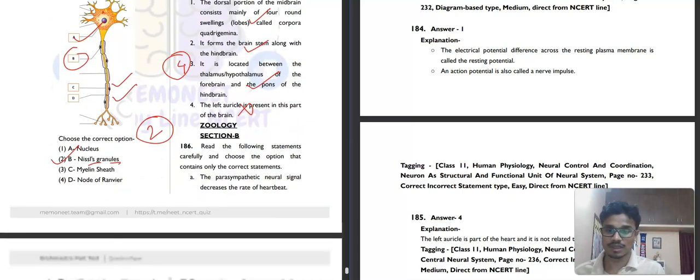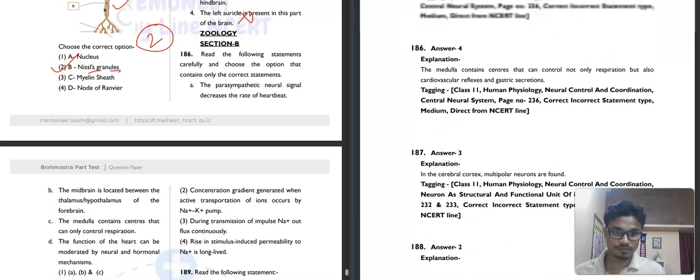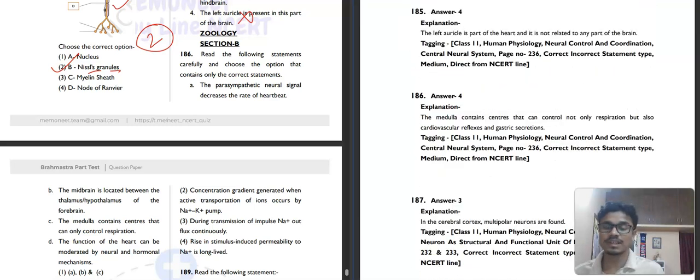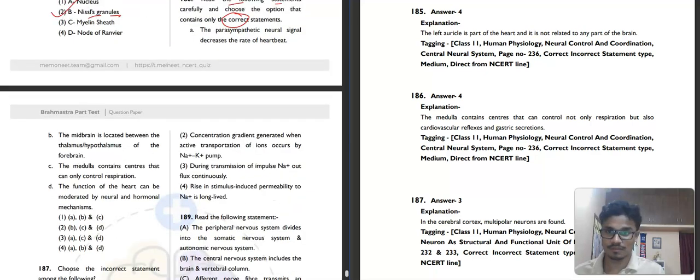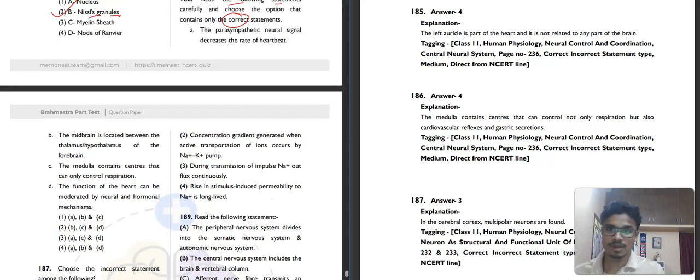Then question number 186. It is saying, read the following statements and choose the correct statements. The parasympathetic neural signal decreases the rate of heartbeat, correct.